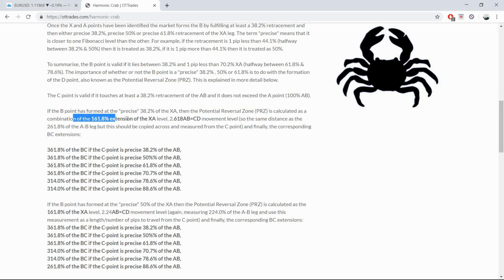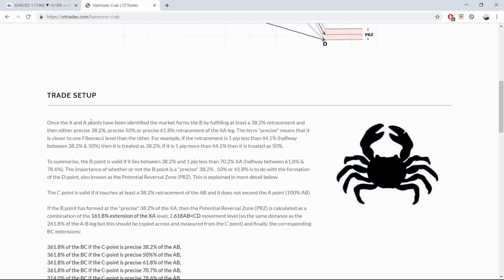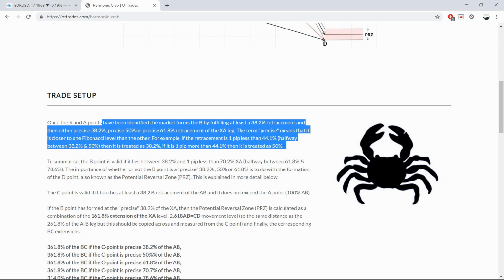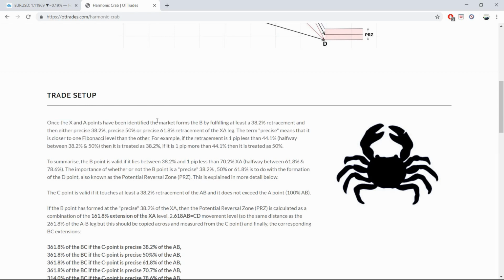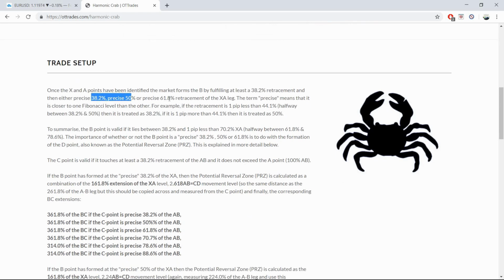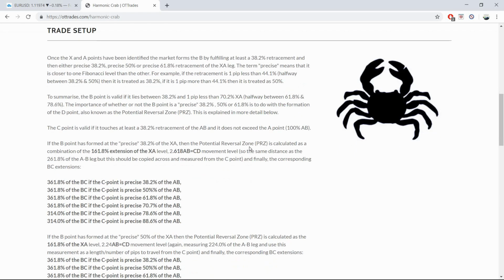So it's calculated as a combination of three different extension levels. Now this is where our precise 382, precise 50%, or precise 61.8% of that X to A leg for the B point, this initial Fibonacci setup here, comes into play.